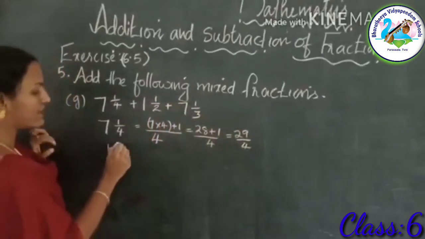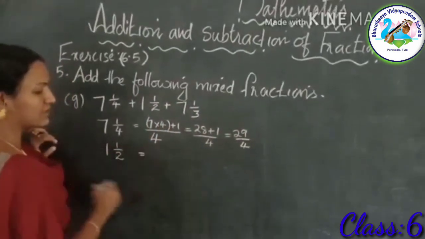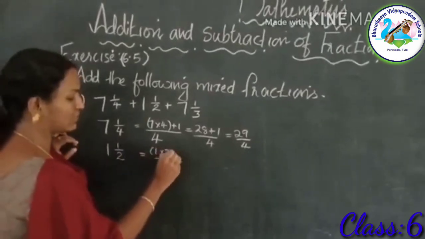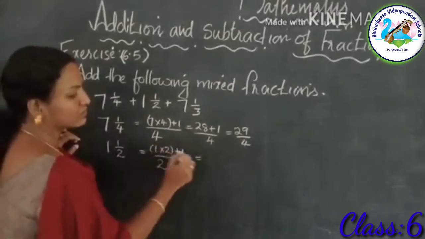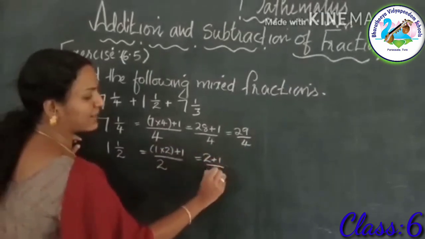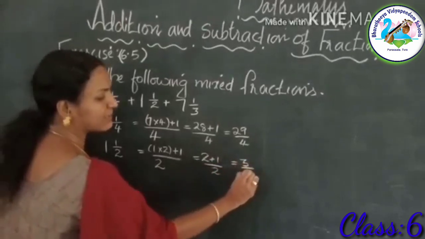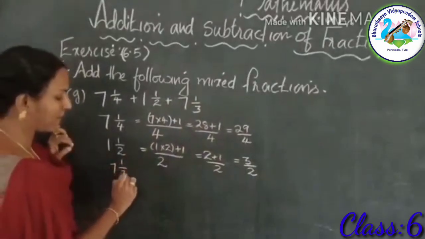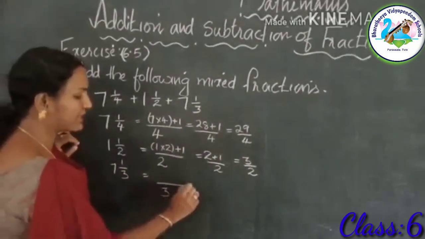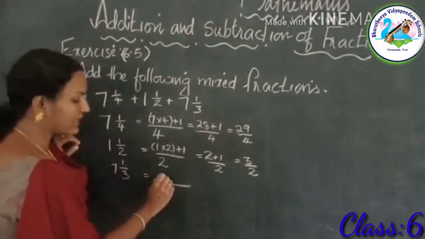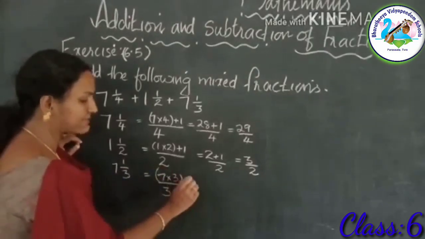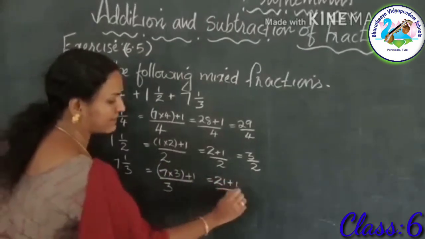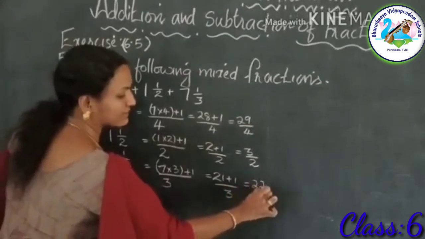The next one, 1 1 by 2 is equal to, the denominator is 2, multiply 1 and 2 plus 1 is equal to 1 into 2, 2 plus 1 by 2 is equal to 3 by 2. The next fraction 7 1 by 3 is equal to, denominator is 3, 7 into 3 plus 1 is equal to, 7 into 3 is 21, 21 plus 1 by 3, 22 by 3.